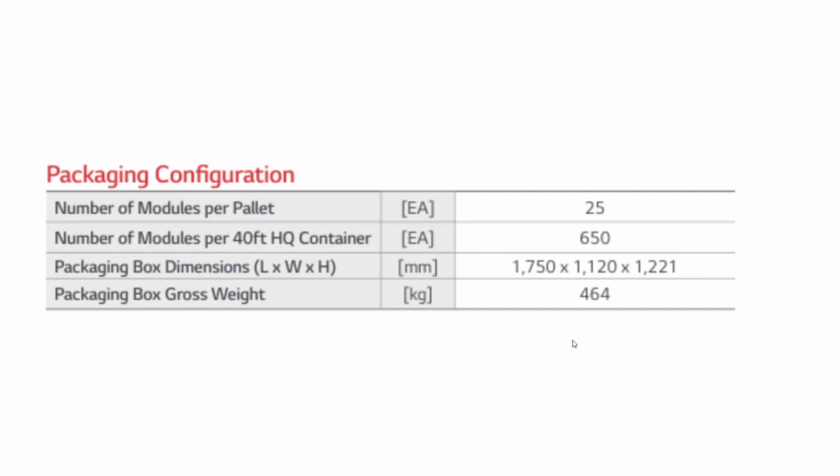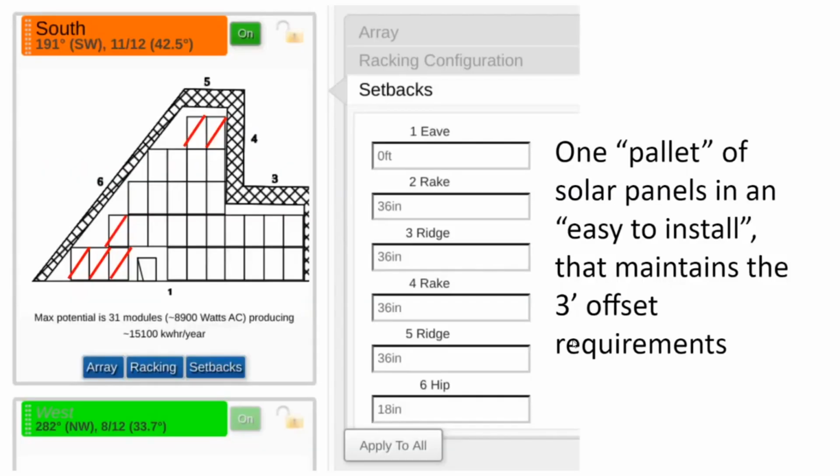So if my client only has budget for one pallet of solar panels, I can easily fit 25 solar panels on the south side of the roof, regardless of whether or not it's in a portrait or landscape orientation. Here's a project example that would be a very easy and not too ugly of an install, where I can fit 25 solar panels on the south side of the rooftop.